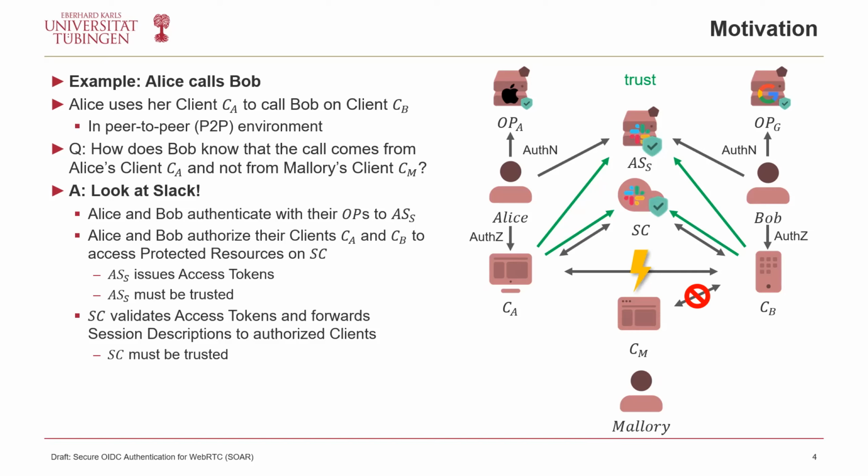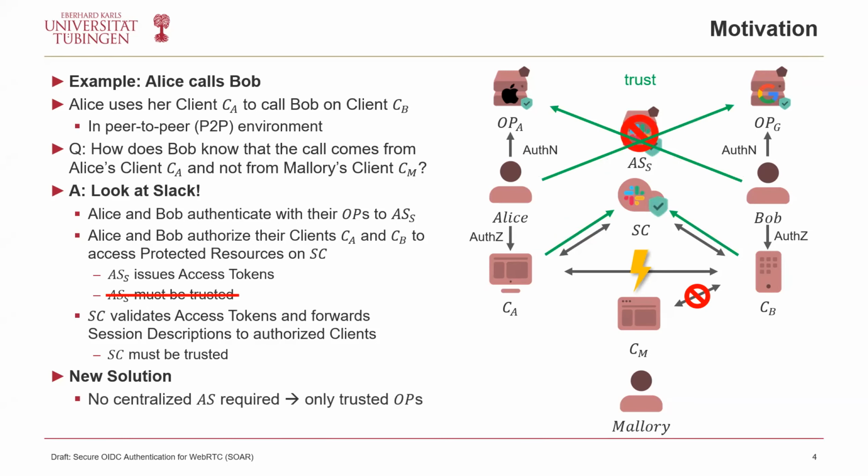So my solution, which I propose in this presentation, says we don't need any centralized authorization server for that. We can do this if we only want to do this for authentication purposes. The clients or their users can also individually decide whether or not they trust each other's identity provider.